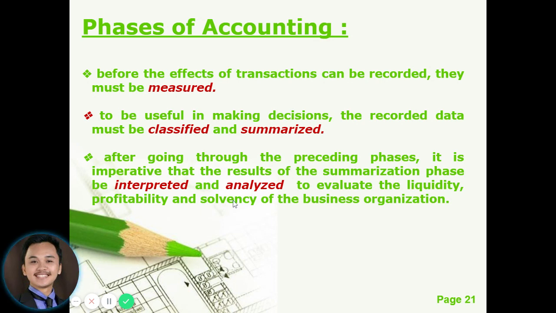So that's how we are going to move in accounting. As what I've said earlier, in the concept of accounting, accounting is a system. So that means it is not just a single activity. You need to measure, classify, summarize, interpret, and analyze in order for us to derive relevant financial information.